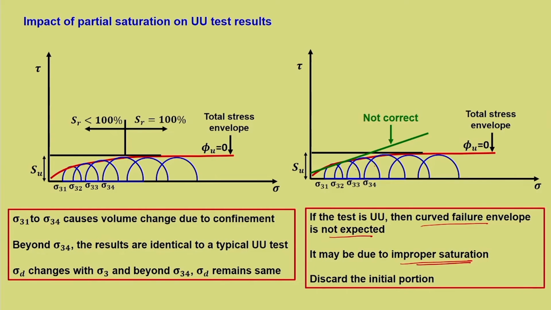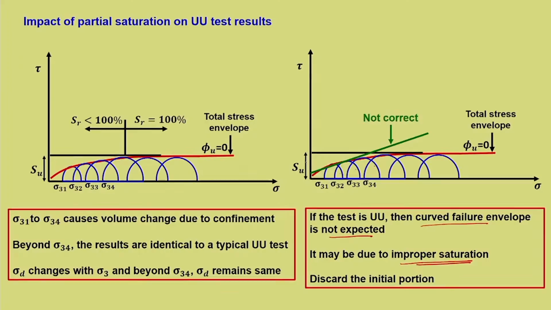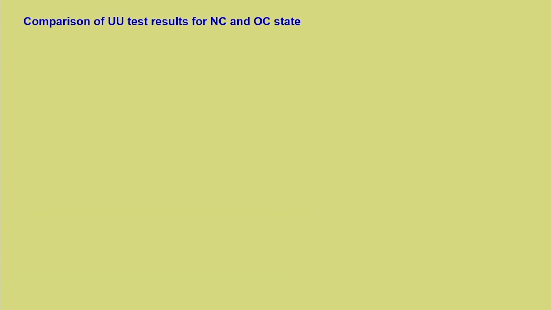So we need to discard the initial portion, either repeat the test or discard the initial portion, or take an average value of S_U. And definitely if you are considering the initial portion where it is curved, and you are averaging it out, you will have a lesser value of S_U. So it is always better to investigate why and what has caused a curved failure envelope in a UU test.